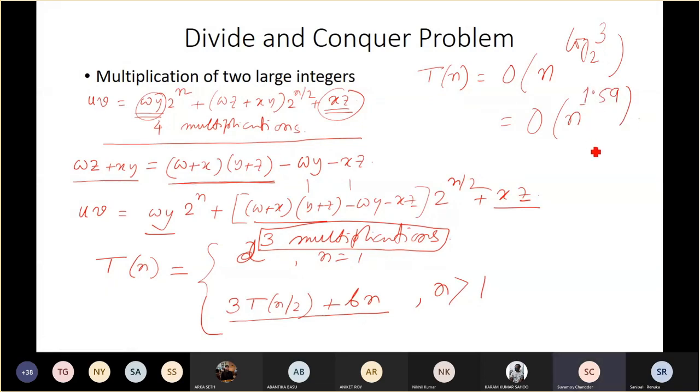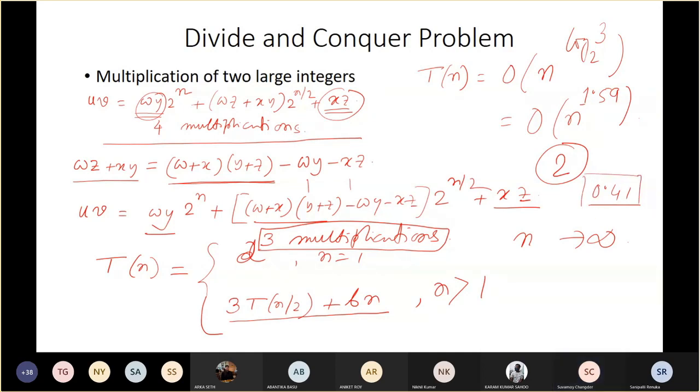Now see, this is a big difference from 2. So it may look like, sir, what will happen with 0.41? Yes, but think about when n tends to infinity. That is, we are going to multiply two large numbers where the length tends to infinity. That is so large that we cannot imagine it. Then this 0.41 will play a big role.